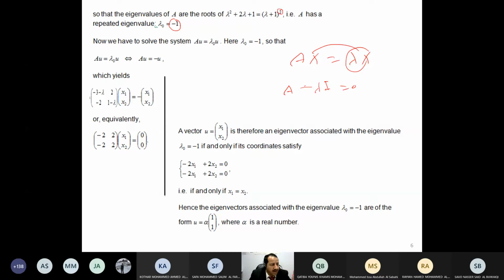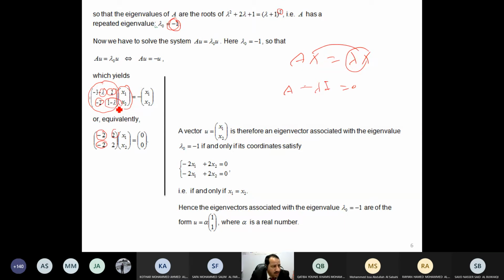Now have a look. This is the A minus lambda I. If we multiply it by x1, x2, let's see what we come up with. What is the value of lambda? Minus 1. So minus 3 plus 1 is minus 2. This 2 and this minus 2, we keep them.